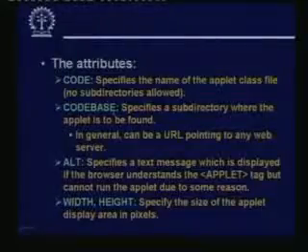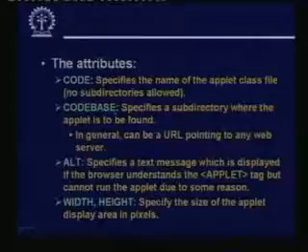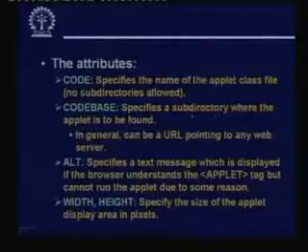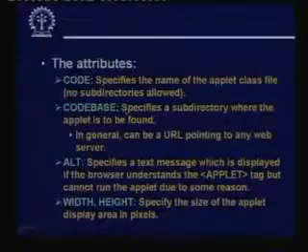But how do you specify subdirectories if they are present? You can specify them by using the other attribute called code base. Code base can be used to specify the default directory where the applet is to be found. So, in code base you can write codebase equal to xyz/abc/ whatever, where the applet is to be found, and code will actually contain just the name of the bytecode or class file.